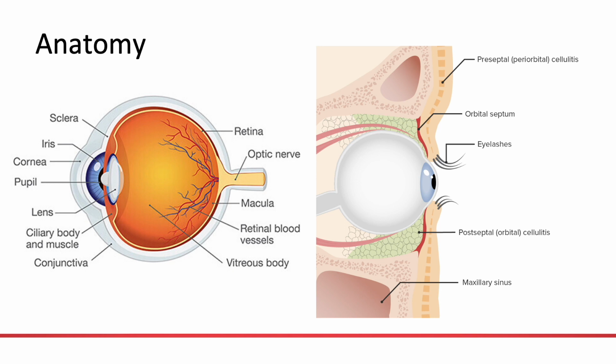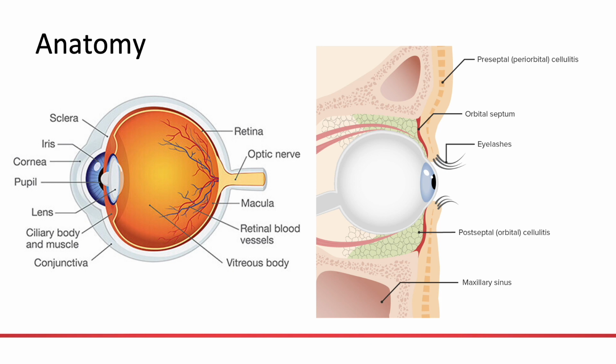The big defining feature here is if you take a look at that orbital septum right there, that helps to differentiate really two different areas of the face. So on the outside, if you get some sort of infection on the outside, whether it's a cellulitis or something on the skin of the eye, it is very difficult for that infection to then spread backwards past this septum.